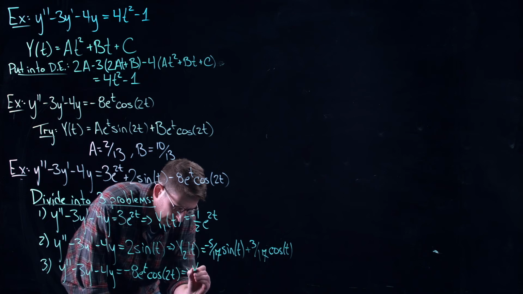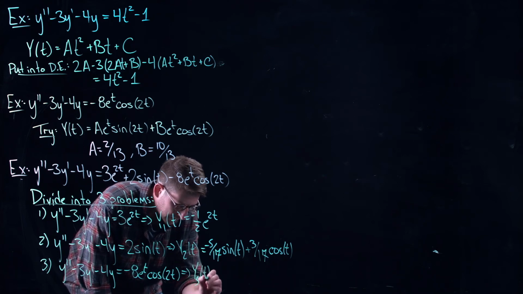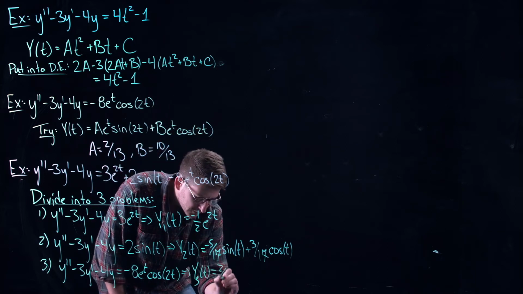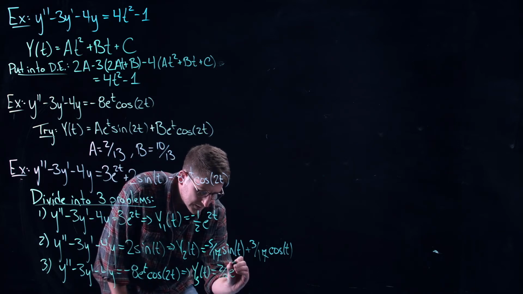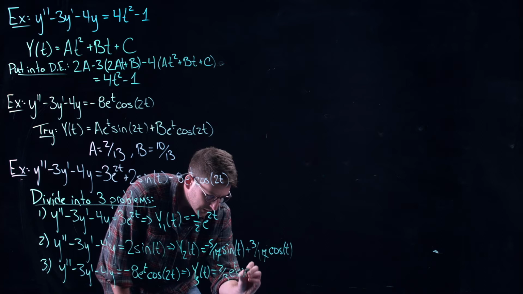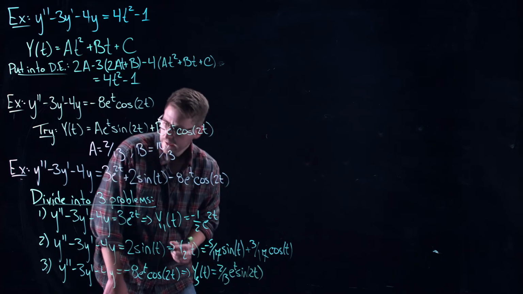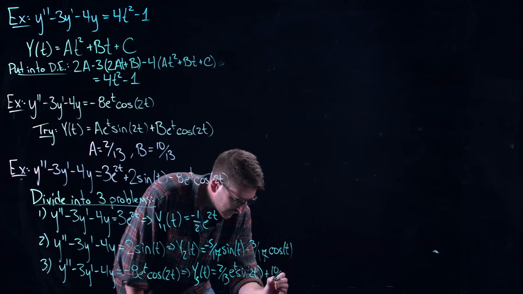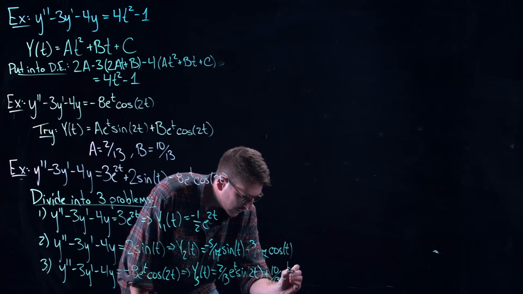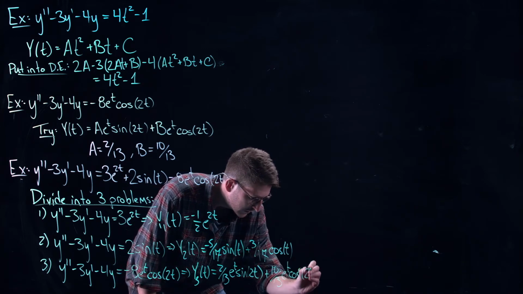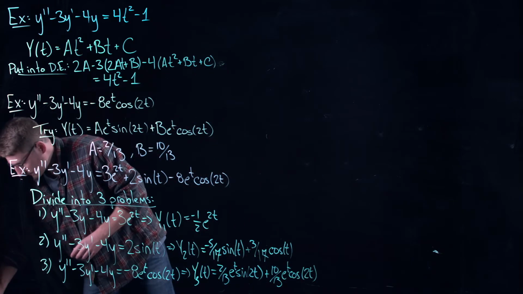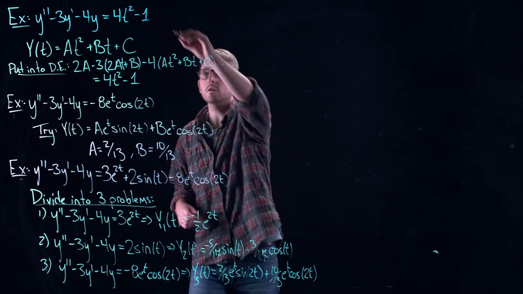Let's call it capital Y3 of t, and this is going to be 2/13 e to the t sine of 2t, and then plus 10/13 e to the t cos of 2t.